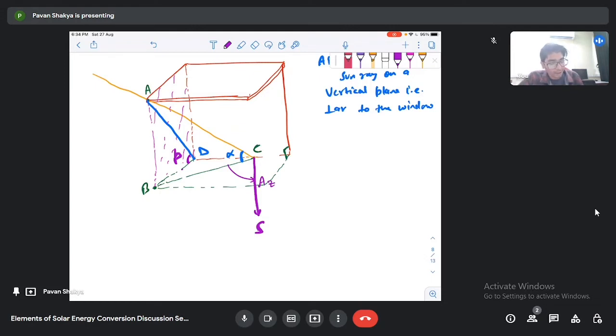Now if I draw the vertical direction of this plane of this window, then this direction makes an angle with the south direction, called the surface azimuth angle, that is AZS.